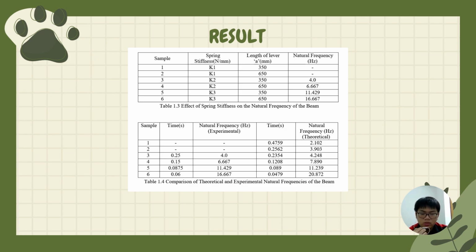From the table, we can conclude that sample 6 is closest to our theoretical result, with only about 2% deviation from our calculation. For the other samples, from 3 to 5, there is a bigger deviation compared to sample 6. Thank you. This is for the result part.